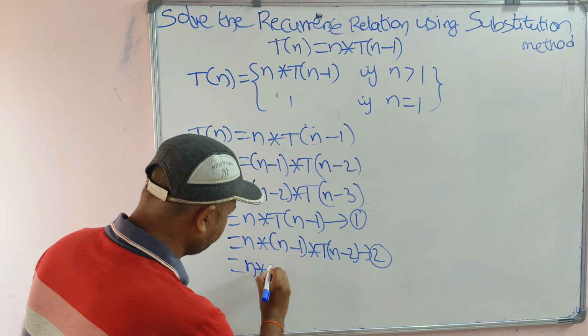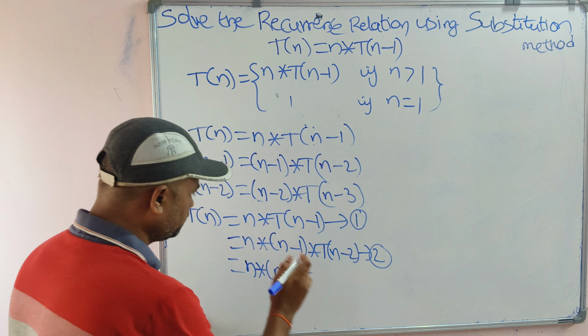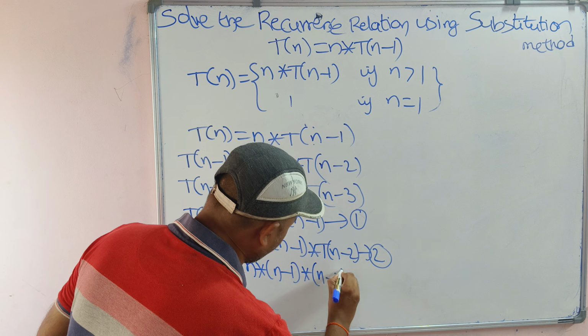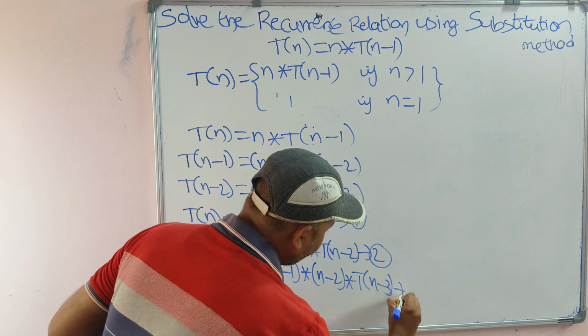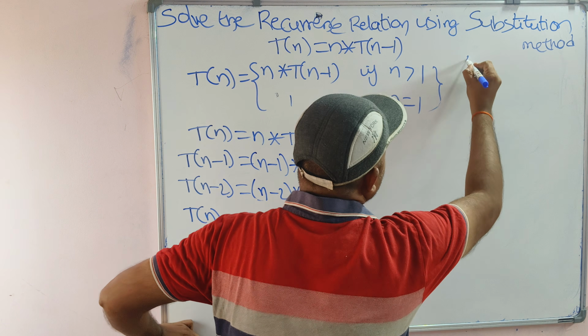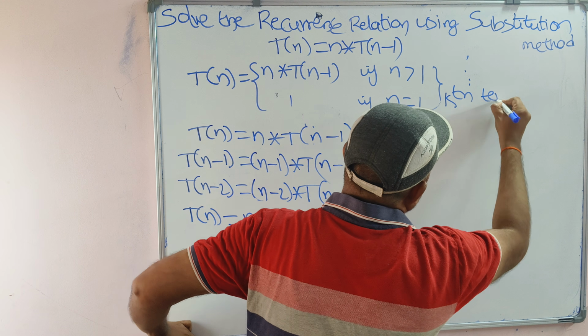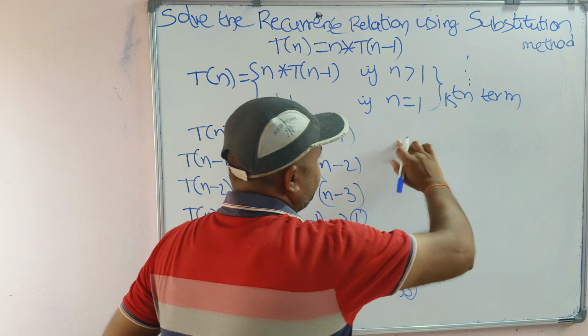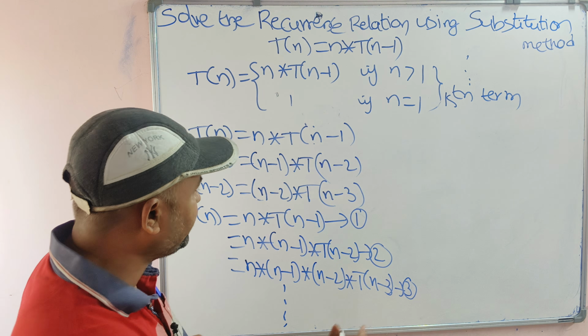So n into n minus 1 into, what is T of n minus 2? n minus 2 into T of n minus 3. Let it be equation number 3. Likewise, if we continue to the last term, the kth term, we will get the final one. So after k number of steps, let us write the pattern.